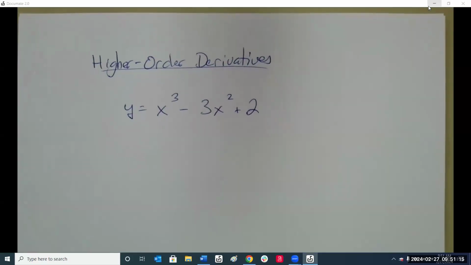This is going to lead us into the next section, when we're talking about movement, like displacement, velocity, acceleration. Because first you have displacement, how far something moves over a period of time. Then the derivative of that is velocity. The derivative of that is acceleration. The derivative of that is called a jerk. It's the rate of change of acceleration.